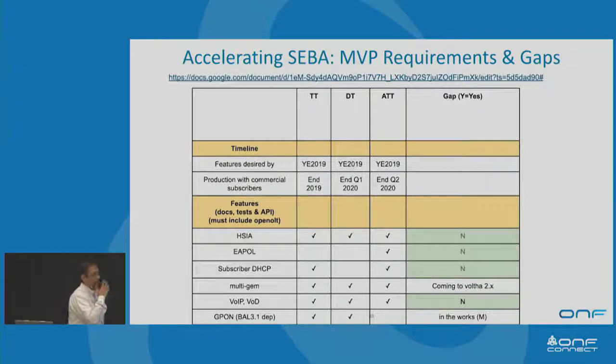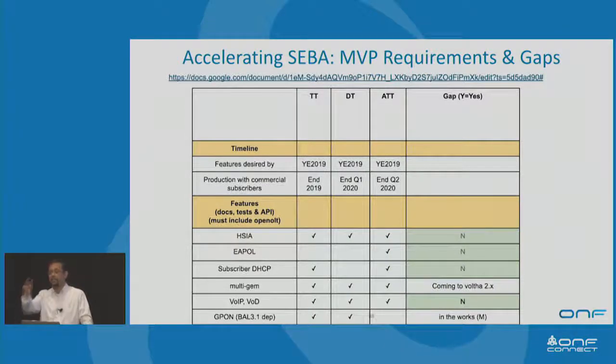We've been working on this to identify this common core, 60% of SEBA. They have been working with the community to put together a surge of resources that will drive this common core into hardening and feature completeness and meet the requirements that we have on this document so that we can go into production next year.